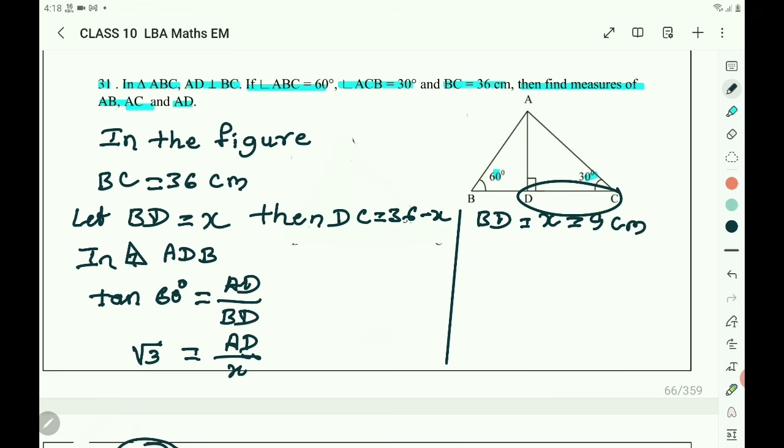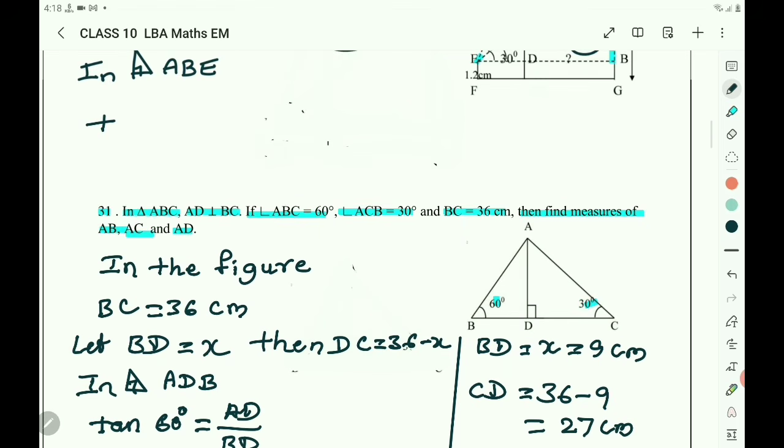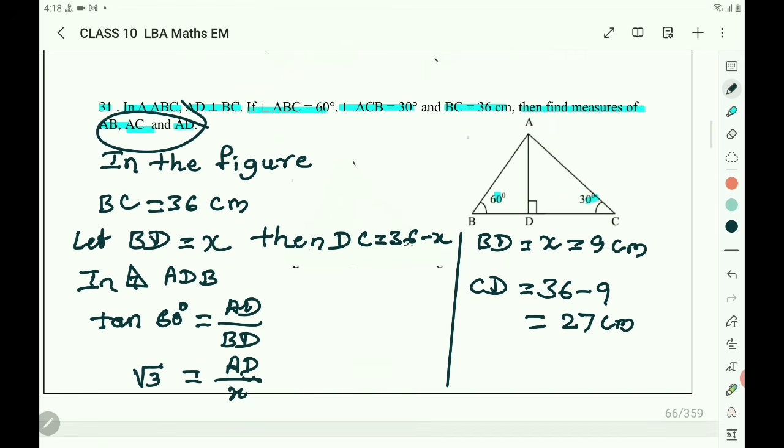Then CD equals 36 minus 9 equals 27 centimeters. Here actually we have to find the length of AB, AC and AD. Now you get AD.